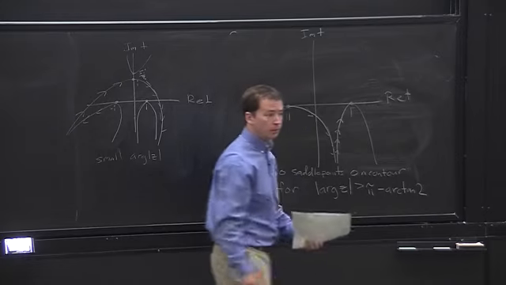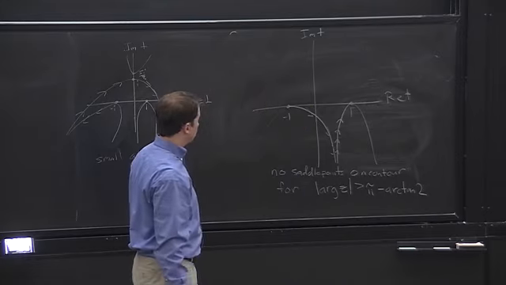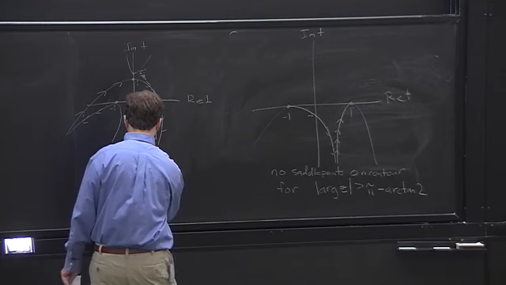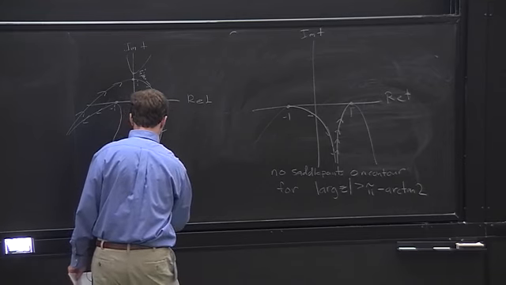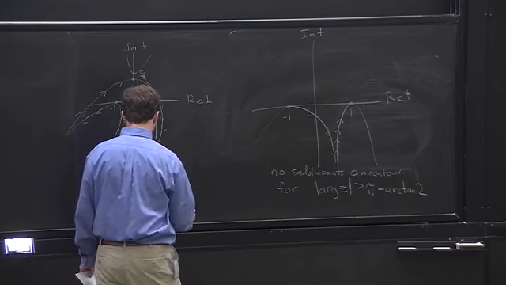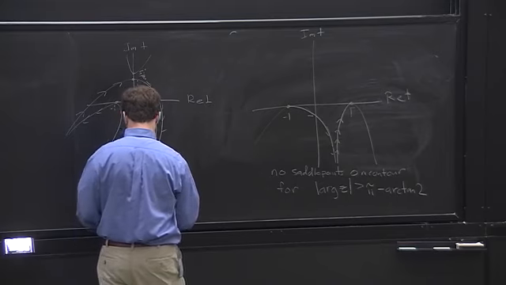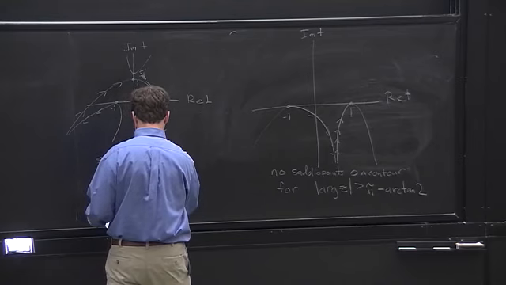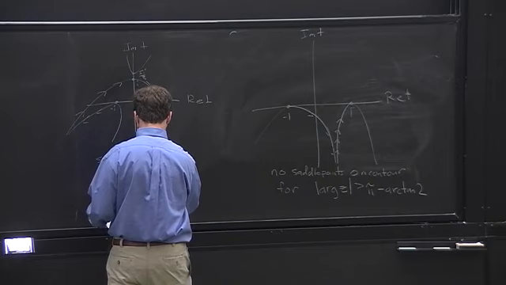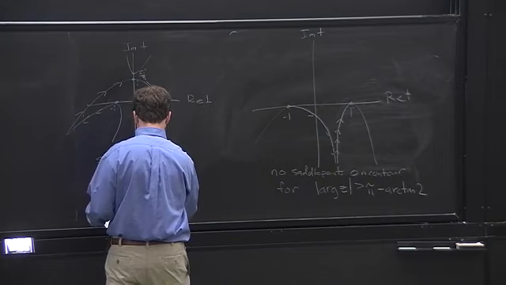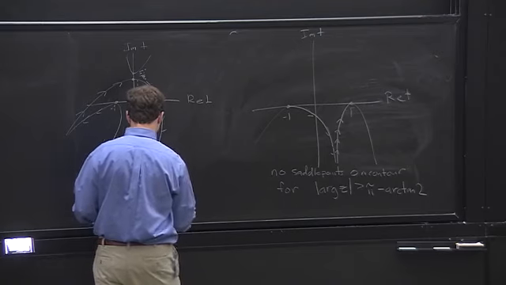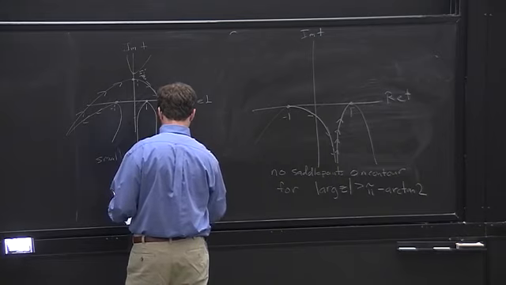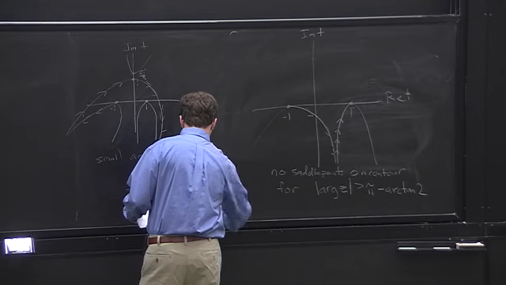So how do we calculate it in this situation? What we would want to do is solve the equation: the imaginary part of z times rho of t equals constant.